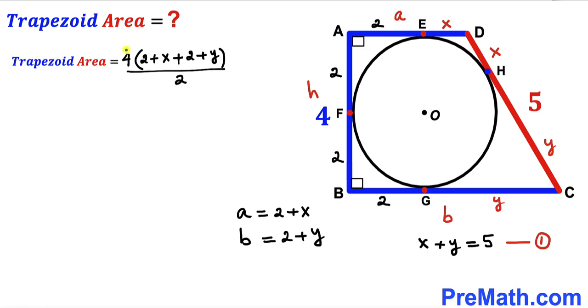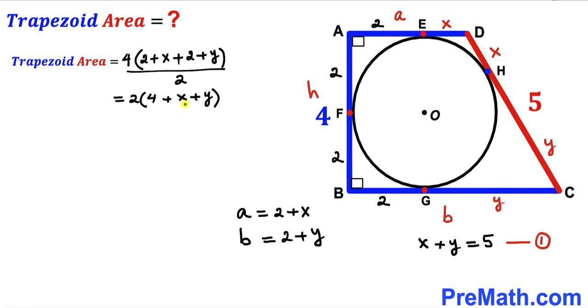Here we can see 4 divided by 2 reduces to simply 2. Likewise, inside the parentheses, 2 plus 2 is 4, plus x plus y. So I could write 2 times (4 plus x plus y). Now from equation 1, we know the x plus y value is 5.